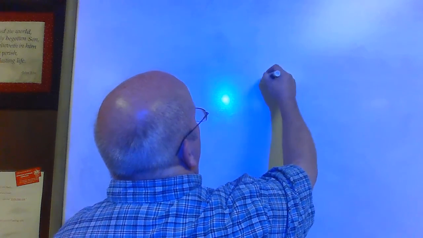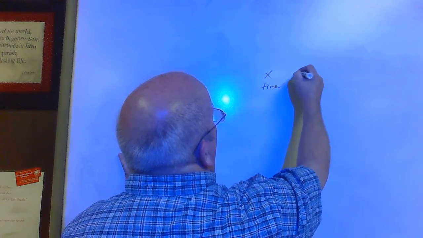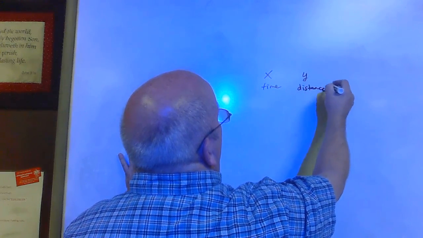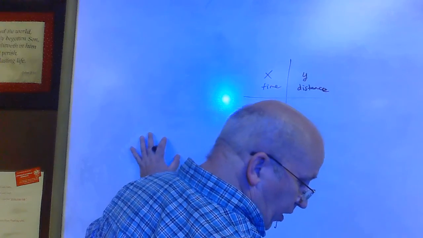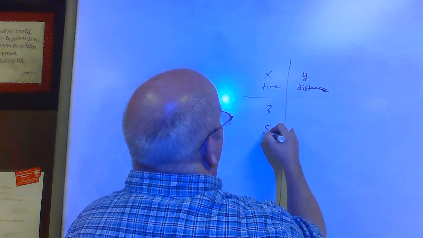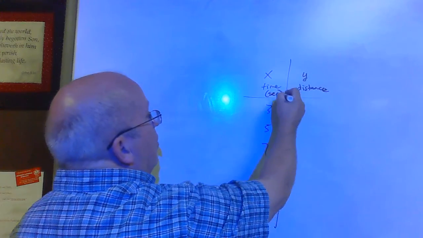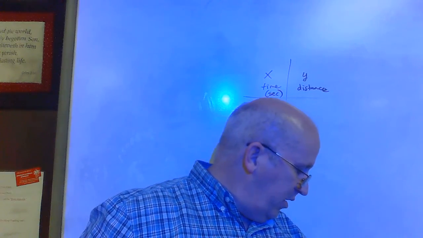So let's see. If x is time, then y needs to be distance according to what they've told us here, right? And the times they've given us are 3, 5, and 7 seconds. Find the distance traveled.